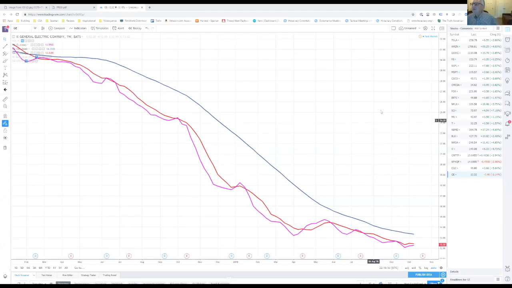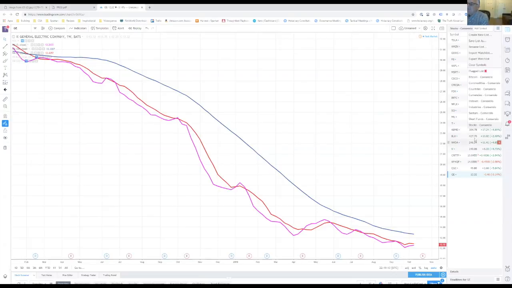And that means what we will do is we will get off specific stocks and we will go to, where did they go?